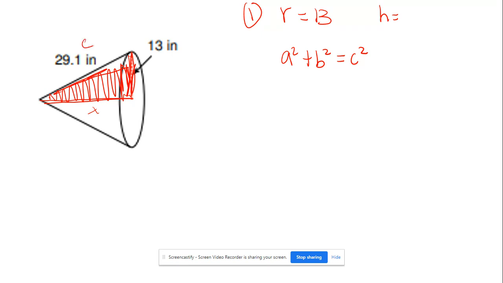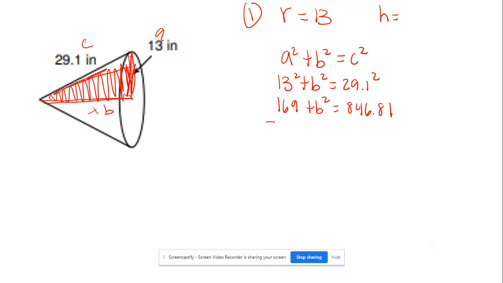I'm going to label my triangle C, A, and B. So my a squared is 13 squared plus b squared equals 29.1 squared. 13 squared is 169, plus b squared equals 29.1 squared is 846.81.